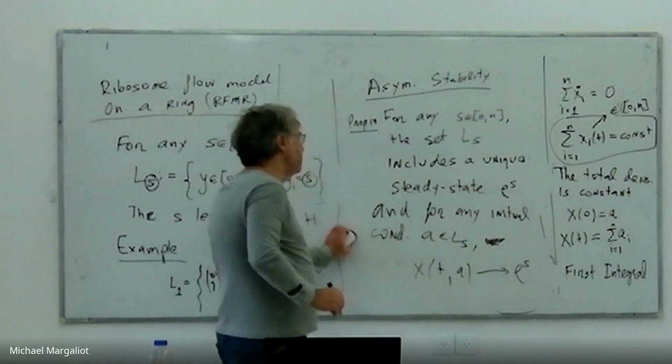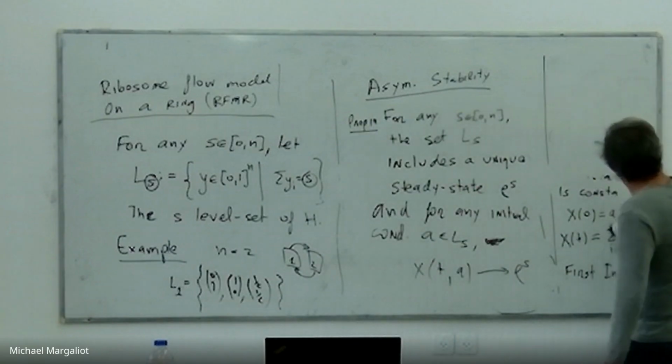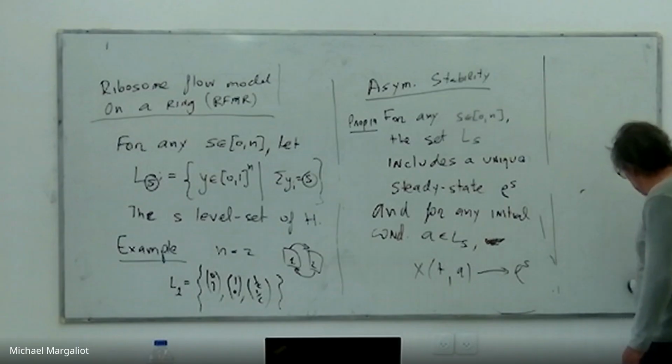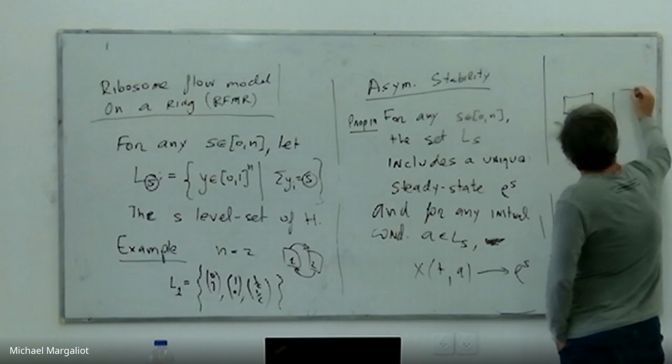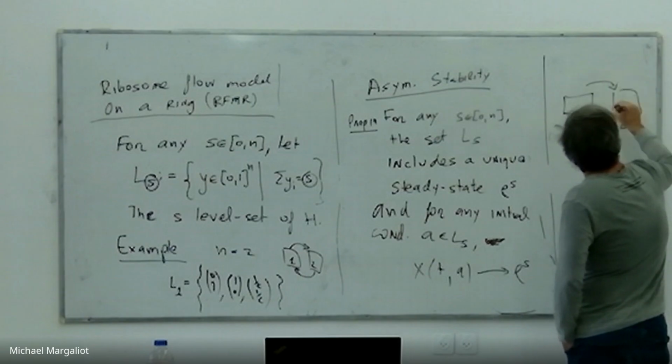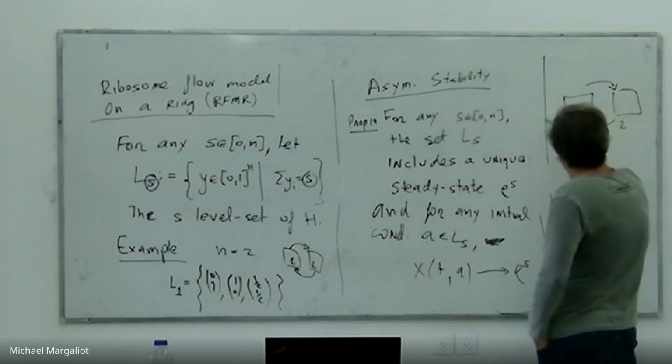So let me make a schematic graph of what this means, or some intuitive explanation. Again, let's take just two sides for simplicity. Of course, this result holds for any dimension. And let's take L1.